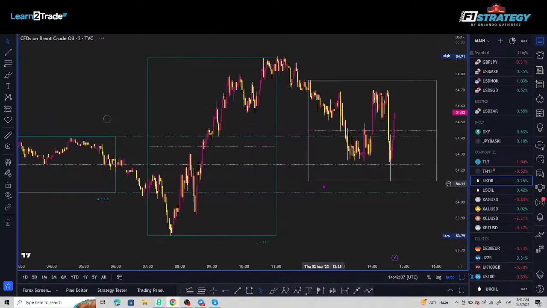Now look at this Brent oil, same thing. But I'm good with my Nasdaq longs. I'm going to take everything at TP1 should it pump up.